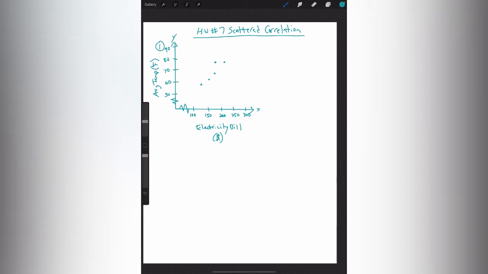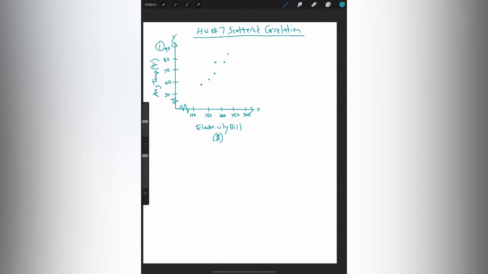83 and 234, which is June. 83 and 234 is about, I don't know, probably right there. Maybe I'll move it up a little bit. 83 and 234, maybe we'll say right there.